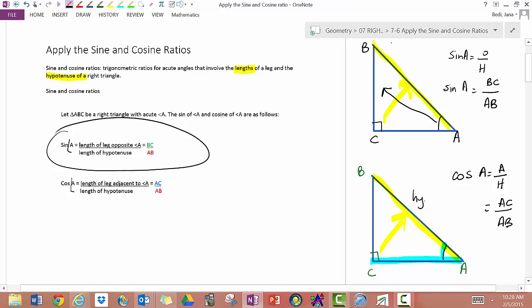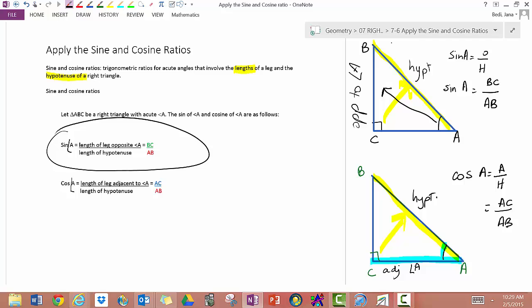So let's label this hypotenuse. This is opposite to angle A, and this is adjacent to angle A. So sine and cosine respectively are ratios of the opposite side to the hypotenuse, and the adjacent side to the hypotenuse.